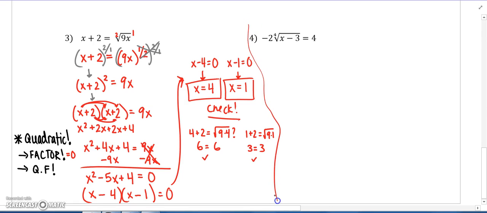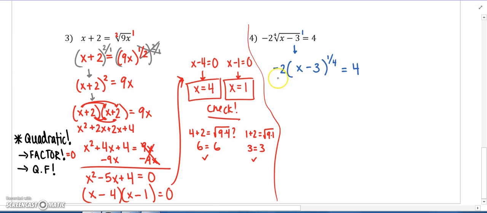Let's see. Separate these. So, for number 4, we've got negative 2 times the 4th root of x minus 3 equals 4. So once again, the first thing I'm going to do is rewrite these into exponents. The negative 2 is on the outside, so don't put that in with it. Just the x minus 3 is in the parentheses, and since it's a 4th root with a 1 exponent, that'll be a 1/4 exponent.